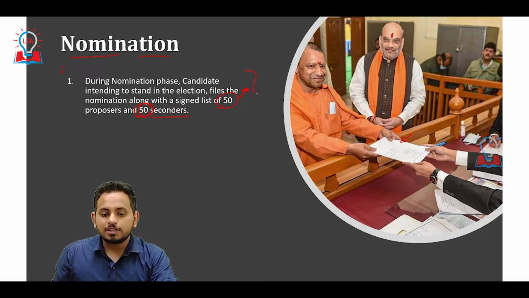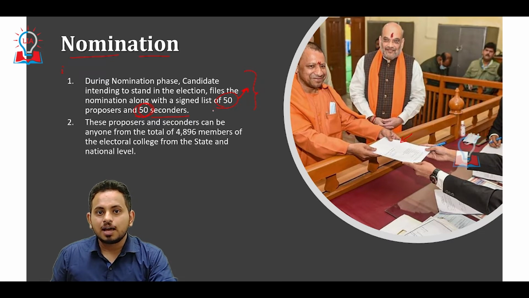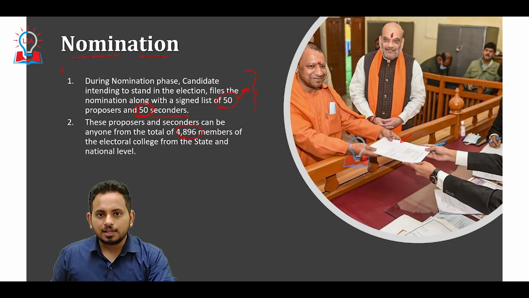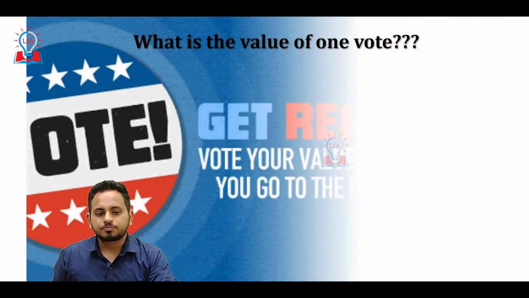Only if this is present, the nomination is accepted. These proposers and seconders should be a part of this 4,896 member council, which is also called the electoral college, which elects the President of India.